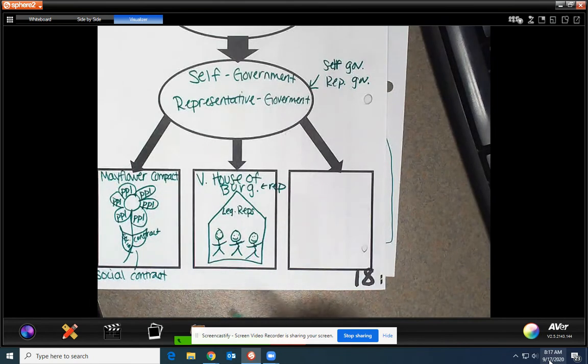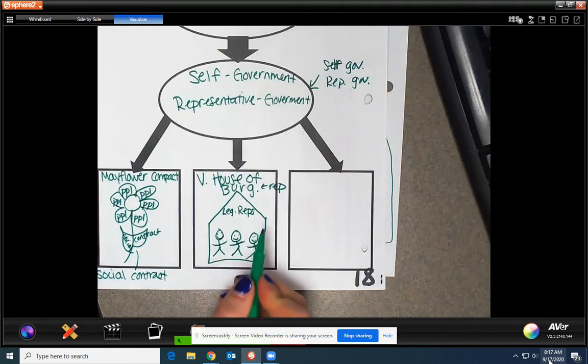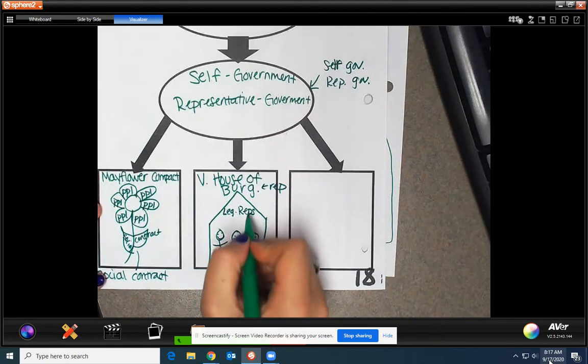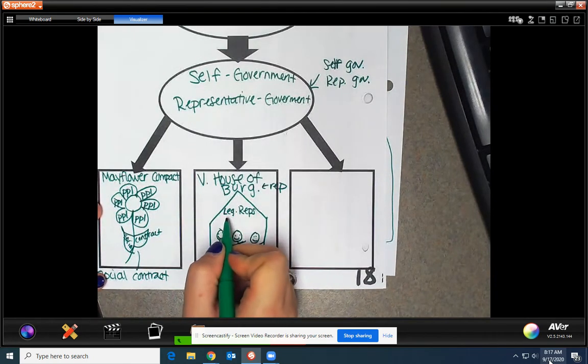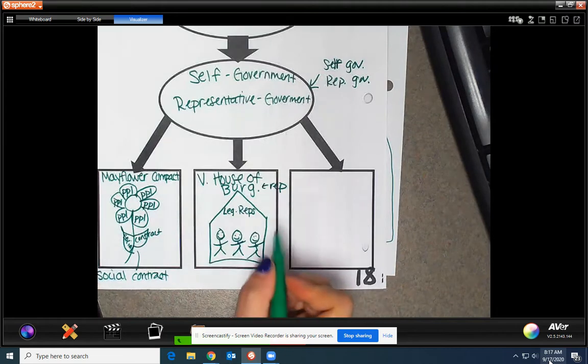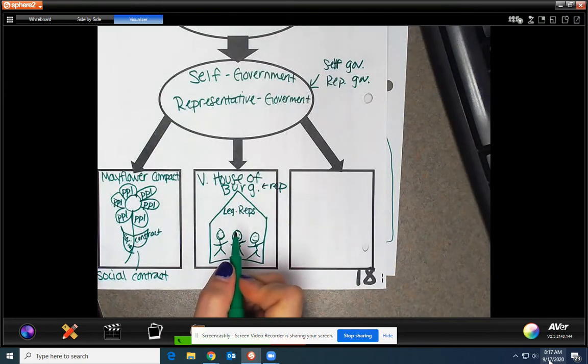It's that easy. Legislator equals lawmaker. We did that yesterday in the notes of this assignment. So legislative, lawmaker. And they are representatives. So they're representatives of the people making laws. So they're doing leg reps. You'll write that in the house. I promise you this is going to make it so easy on your test questions.